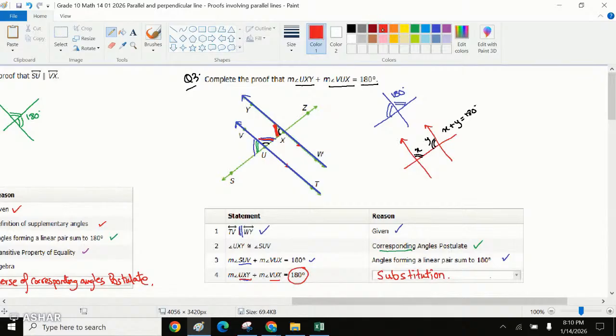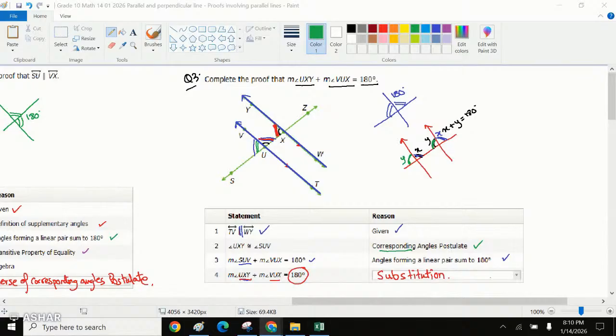Why? Because if this angle was X, then this angle was X. If this angle was Y, then this angle would be Y, because there are two parallel lines intersected by a single slant line. Okay, do we agree? Okay, thank you.